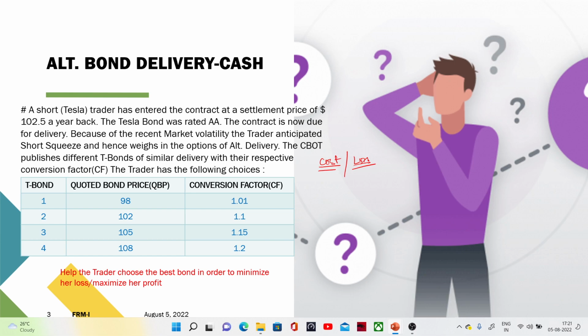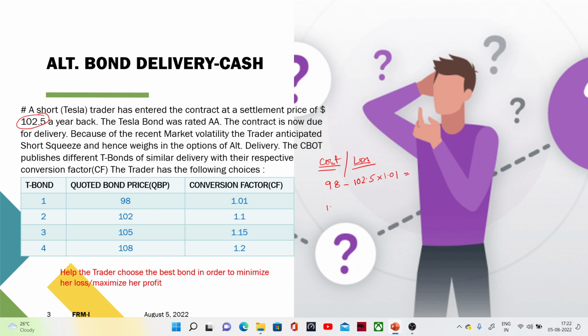The way we do it is, for the first bond, the quoted price is 98, so it is 98 minus the contract settlement price of 102.5 multiplied by 1.01. This is choice number 1.